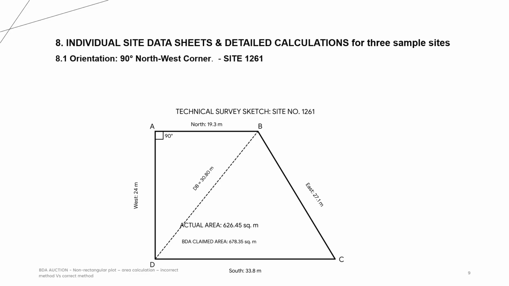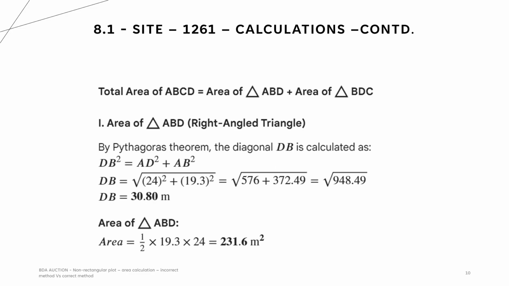For site 1261, we are assuming orientation of 90 degrees for northwest corner in order to calculate the diagonal using the Pythagoras theorem. Here you can see area of triangle ABCD will be area of triangle ABD plus area of triangle BDC.